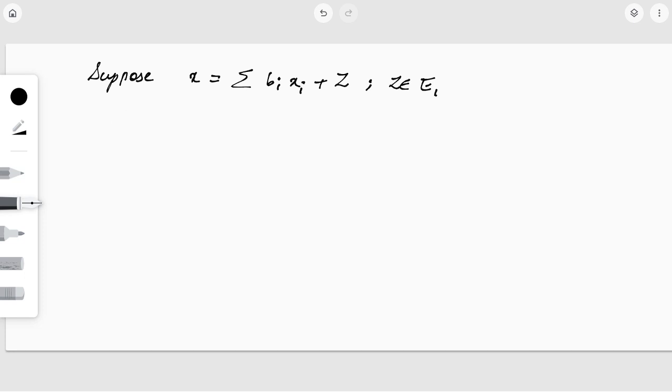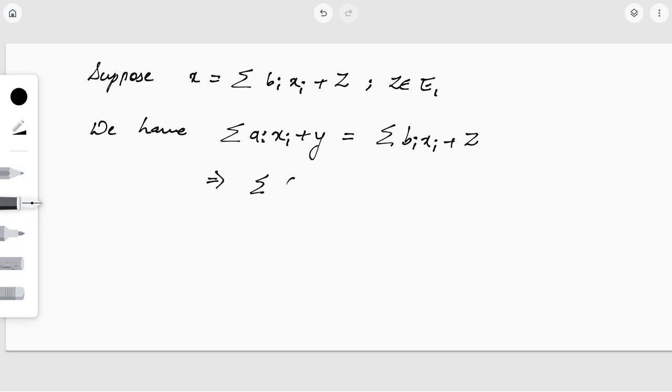Then since we have already defined x earlier, we have summation ai xi plus y is equal to summation bi xi plus z. Now rearranging, we obtain summation (ai minus bi) xi is equal to z minus y. Now this z minus y is an element of E1 because E1 is a subspace.